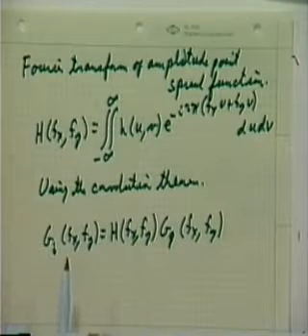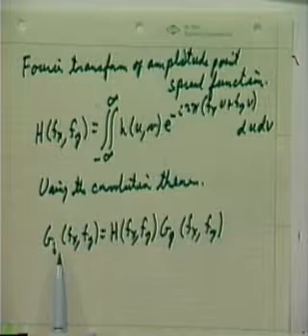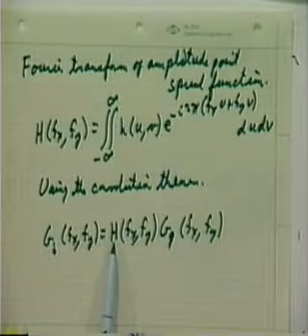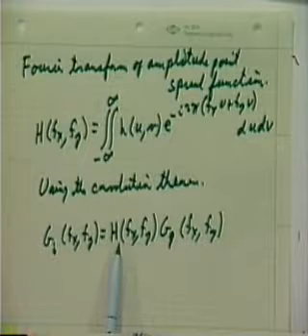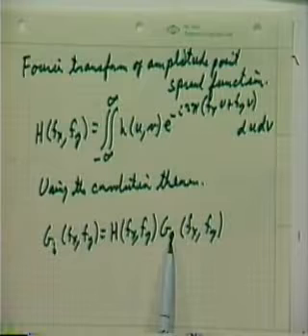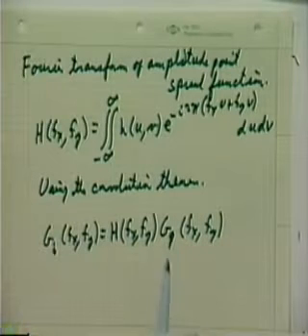So the spectra of the image is equal to the Fourier transform of the amplitude point spread function times the spectra of the perfect geometrical image.